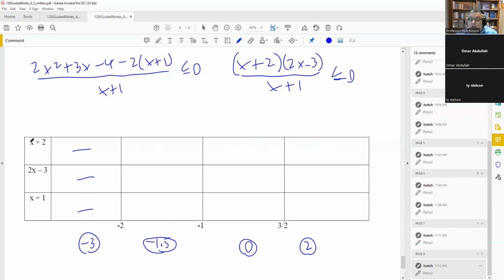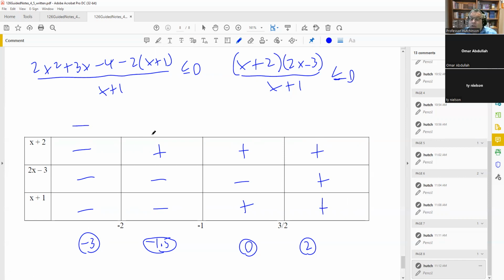And -1.5, -1.5 plus 2, that's a plus this time. 2 times -1.5 is -3, minus 3 is negative. -1.5 plus 1, negative. 0 plus 2 is positive. 2 times 0 is 0, minus 3 is negative. 0 plus 1, positive. If I put a 2 into all these, 2 plus 2 is a positive number. 2 times 2 is 4, minus 3, that's positive. 2 plus 1, positive.